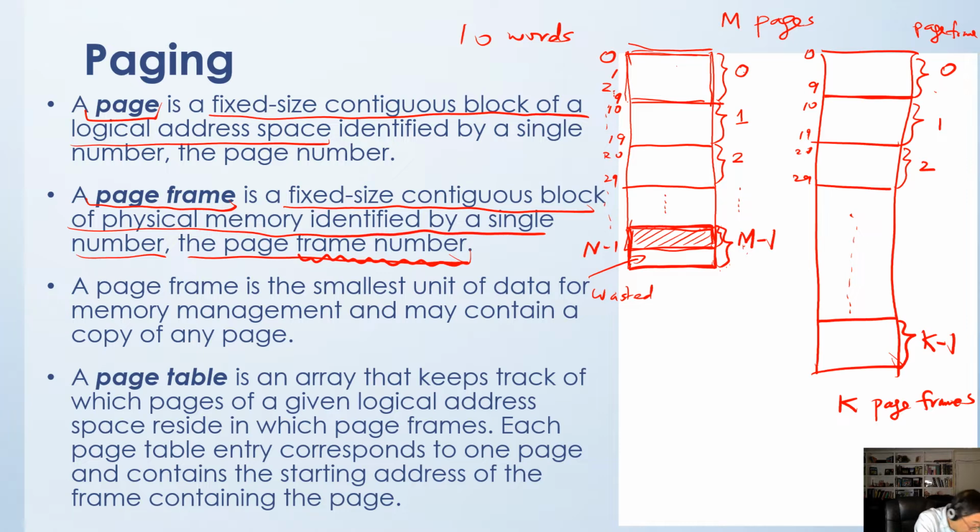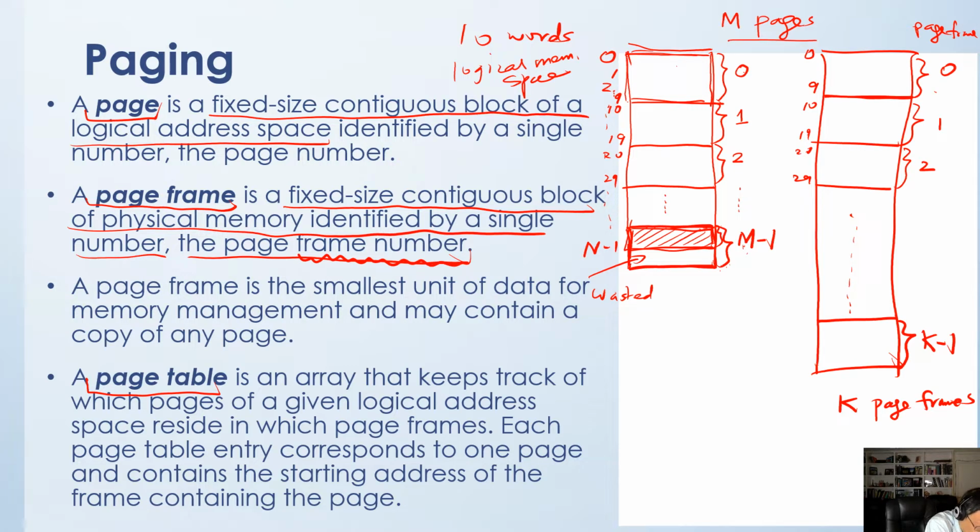Now, what is a page table? The page table is an array that keeps track of which pages of a given logical address space reside in which page frames. Because the program is in the logical memory space, measured using pages.